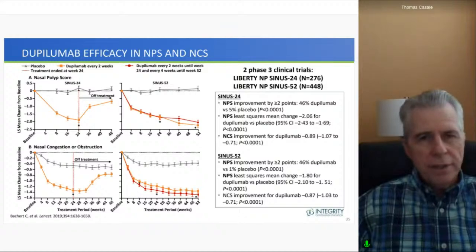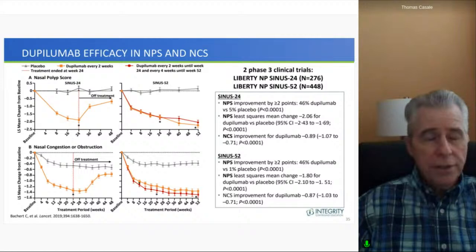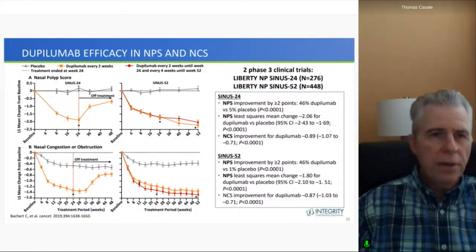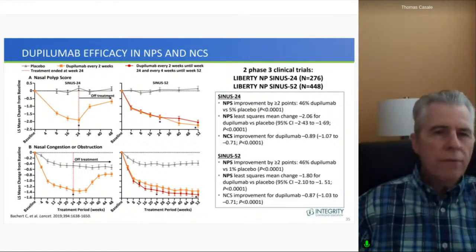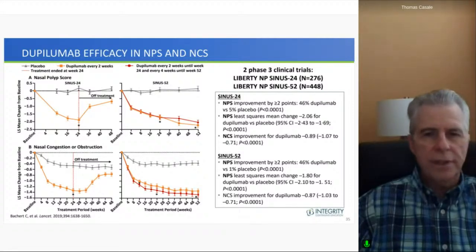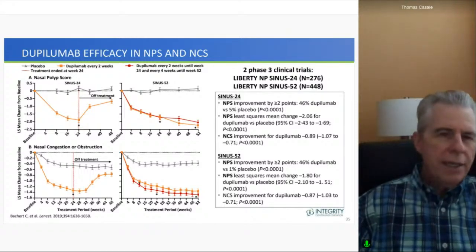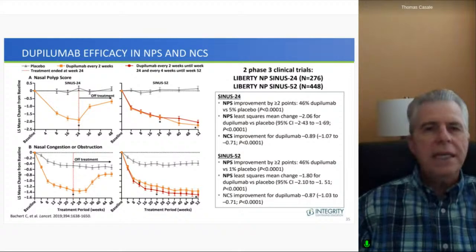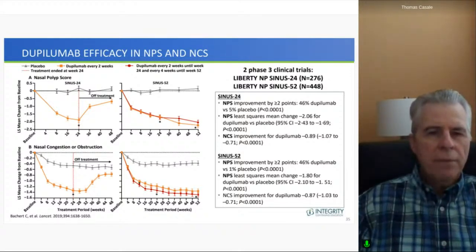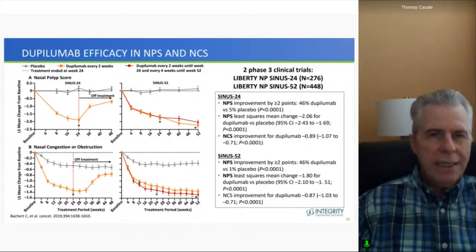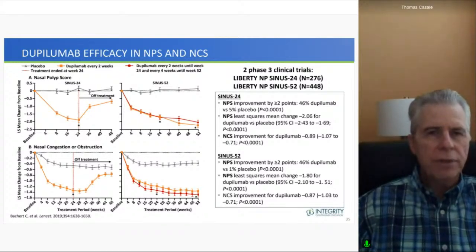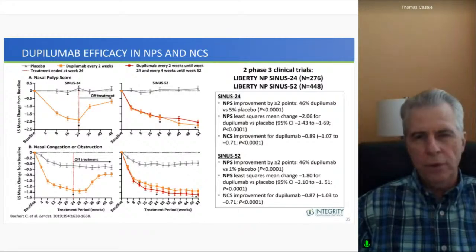The second study, SINUS 52, patients received DUPILUMAB for 52 weeks, but there were several arms to this study. So there is a placebo arm shown in gray, but in the active treatment group at the end of 24 weeks, the primary endpoint, patients were randomized to either continuing every 2-week treatment or spacing it out to every 4 weeks.